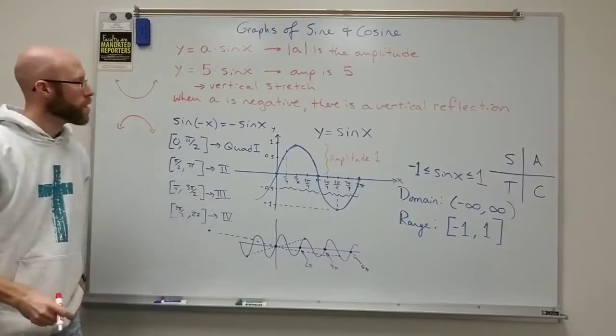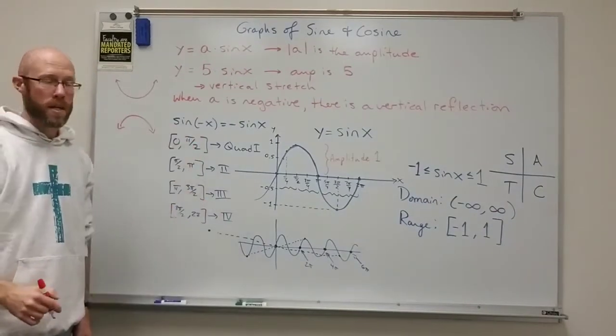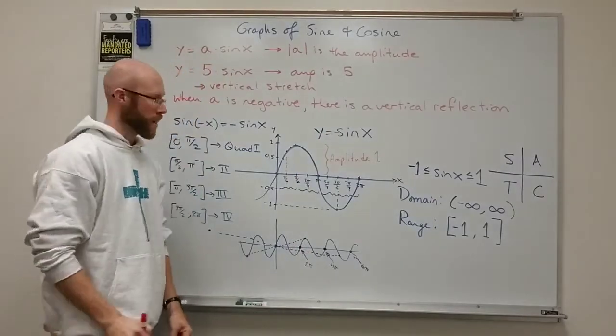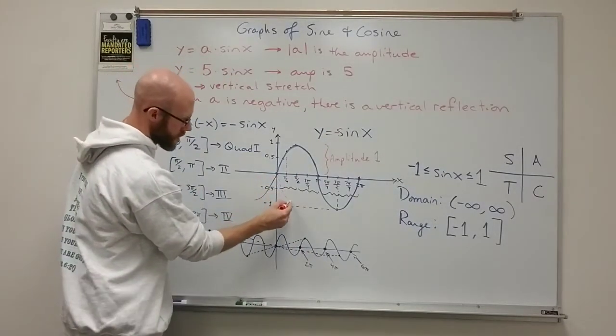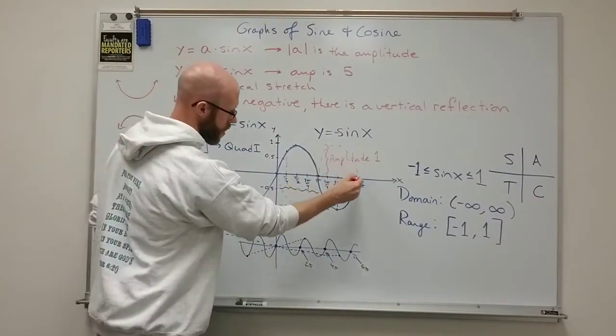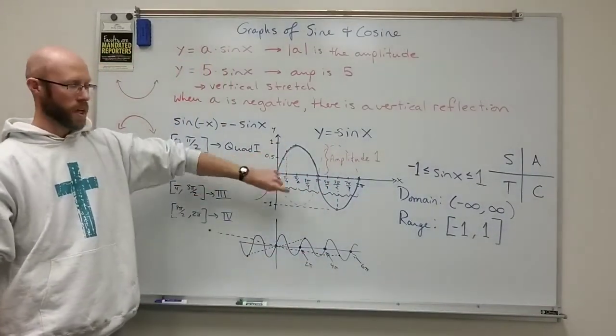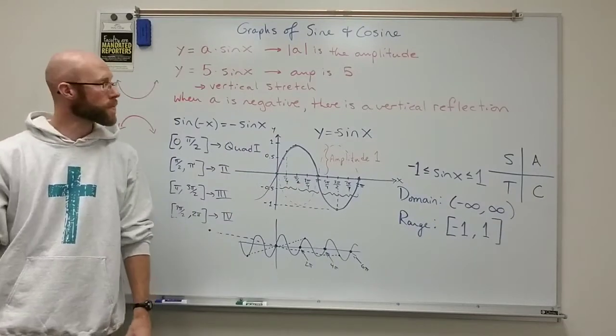You end up flipping the graph upside down. So if I tack a negative on that sine, then my graph just comes down instead of up. It reflects the whole thing, like spinning it around the x-axis essentially.